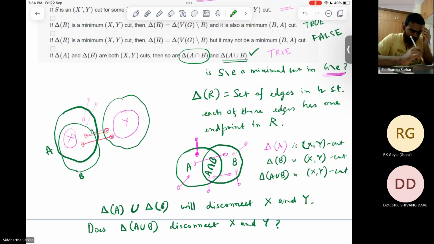So if there exists an edge which is strictly outside of B but inside of A minus B, I mean, if there is a vertex which is in A minus B and there is an edge which is a cut edge connecting X and Y, then that edge is not part of delta B, and therefore the fact that delta B is a cut itself is a violation.